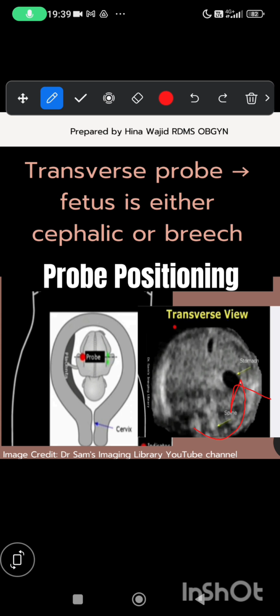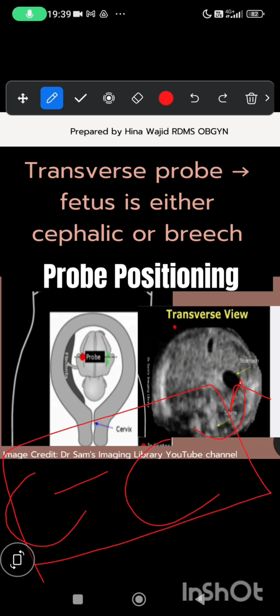It's cephalic or breech? Breech. Yes. For the cephalic, it is clockwise. C for cephalic and C for clockwise. Okay. And anti-clockwise means it is breech.